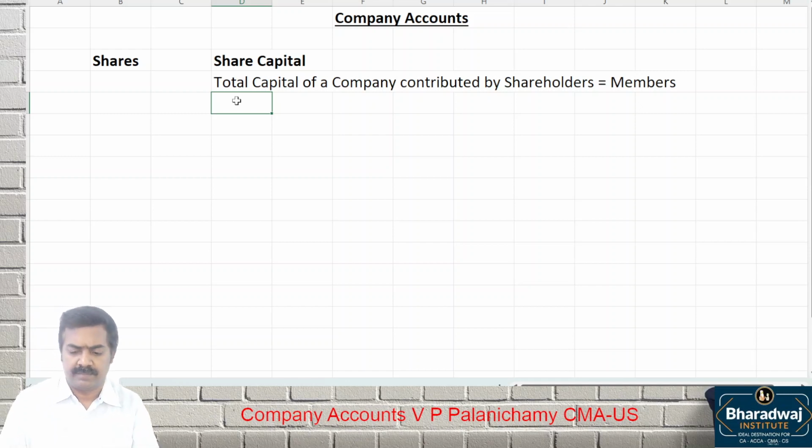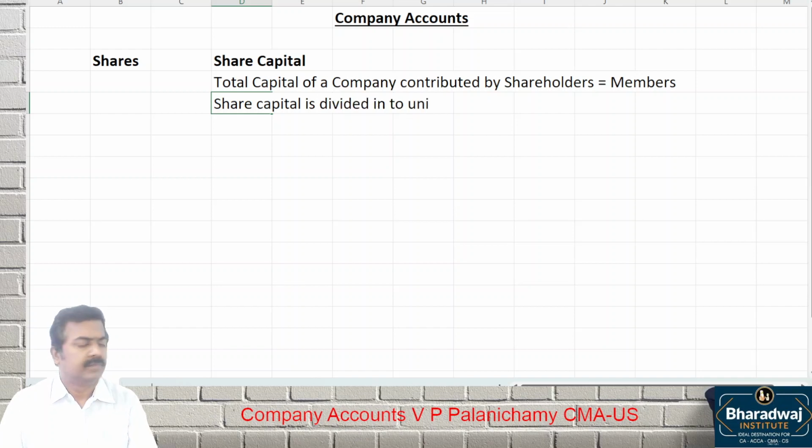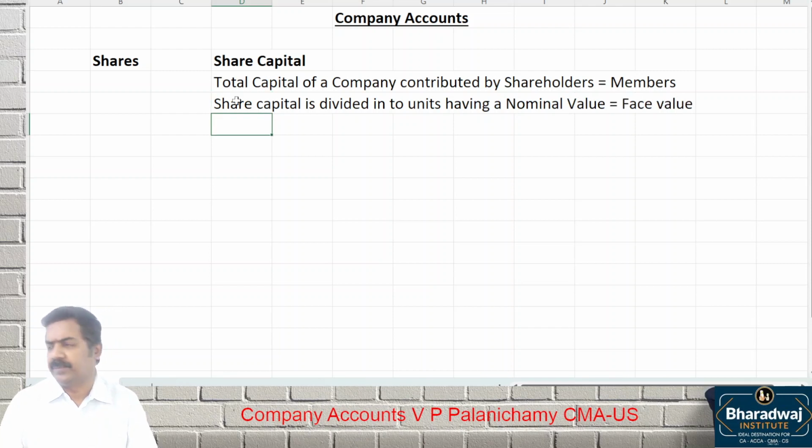Members. Share capital is divided into units having a nominal value. That is called as what? Face value.